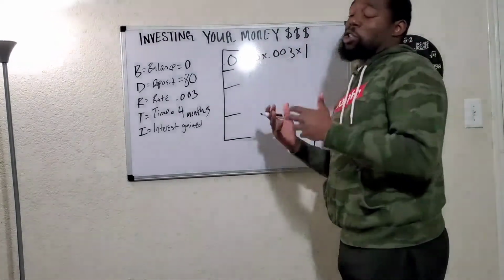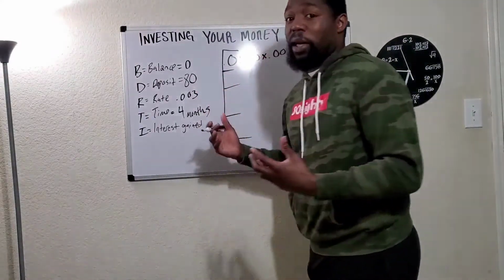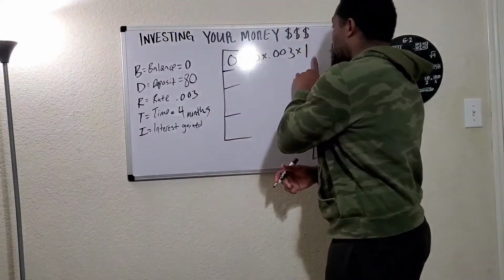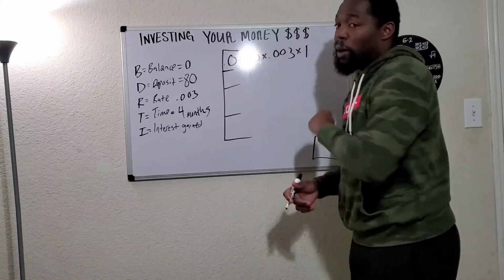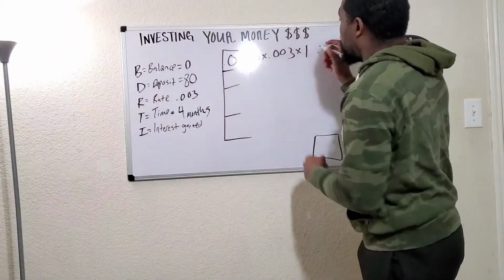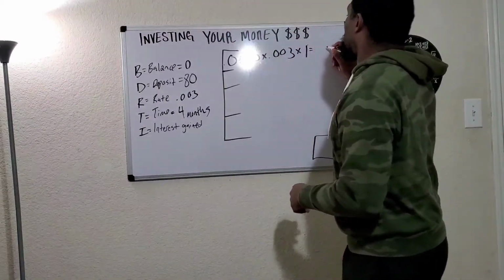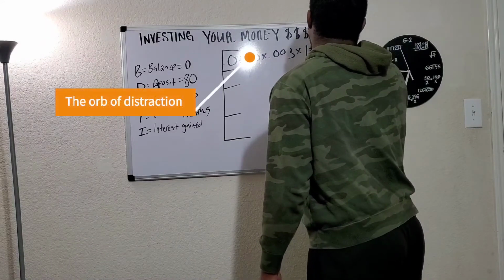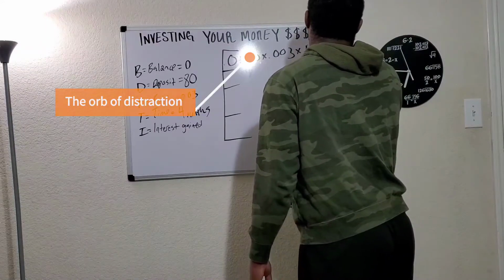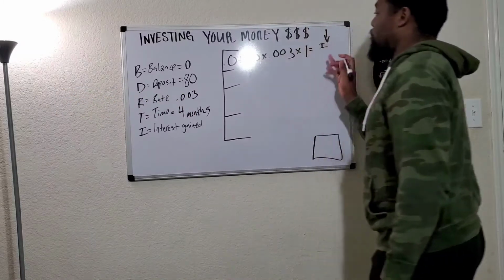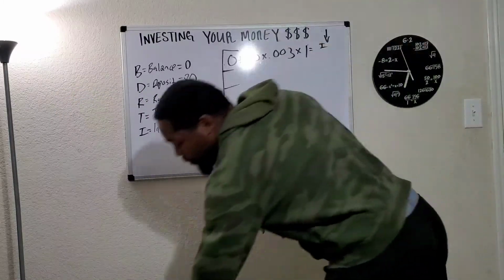In this case, your interest period, we're only talking about 1 month. So we have it here, 1 month, right? This is only going to happen in this 1 month. And this answer that we're going to get right here is actually going to be our interest, okay? This is going to be the interest that we gain.